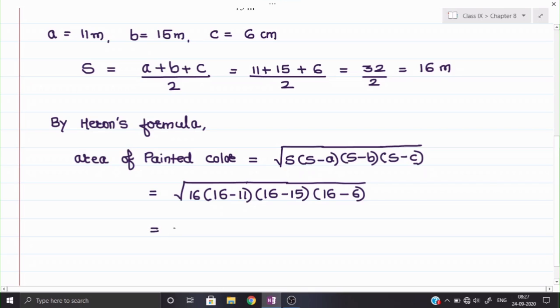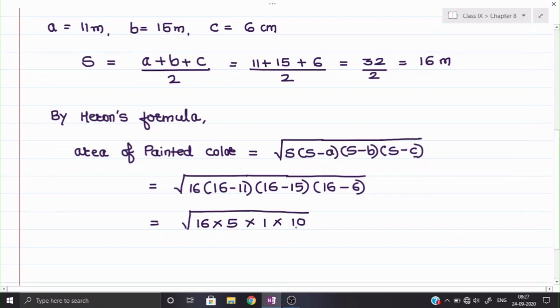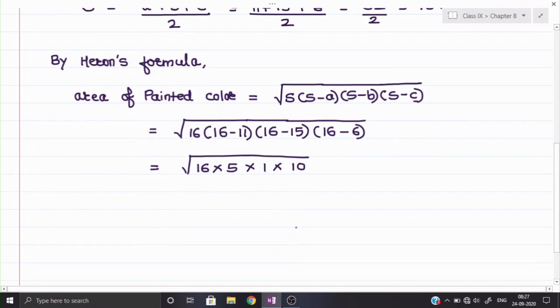Now this is equal to, in the square root, 16 will be as it is, 16 minus 11 that is 5, 16 minus 15 that is 1, and the same way at last it will remain 10. Now what you need to do exactly is find the pair in the terms coming in the multiplication, and whichever pair is complete, you can take it outside.